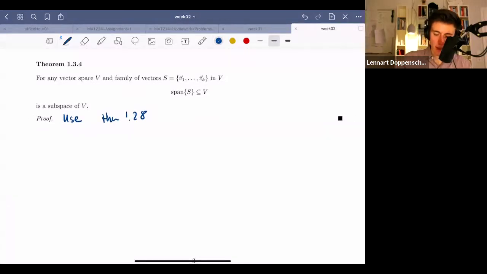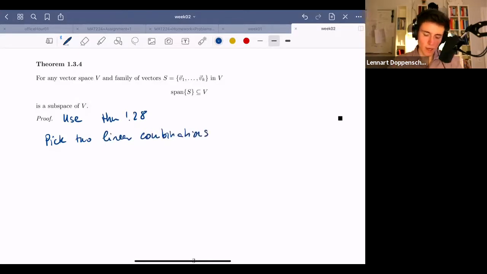As introduced before, an arbitrary linear combination, and now I'm going to use a shorthand notation to save time and space: the sum of alpha i times vi, where these are just some coefficients and i runs from 1 to k.